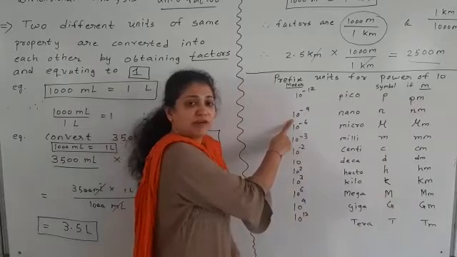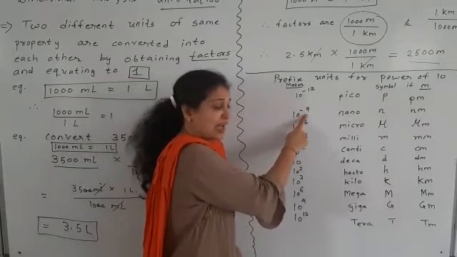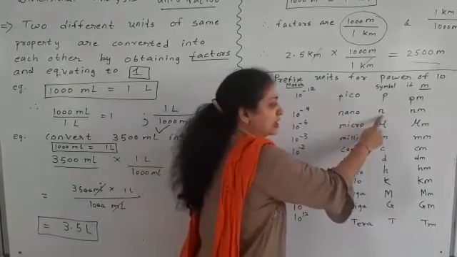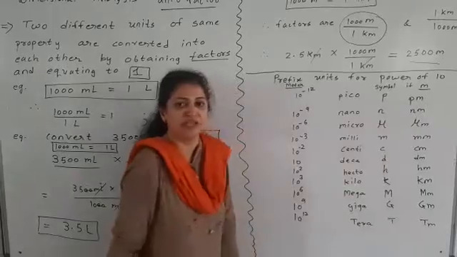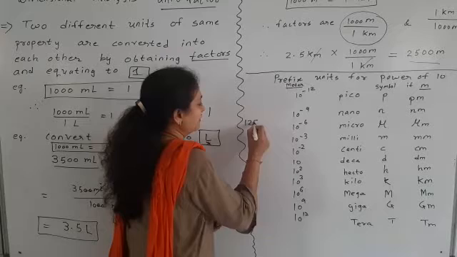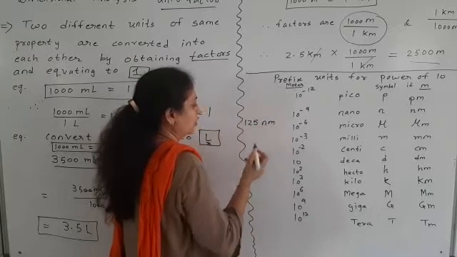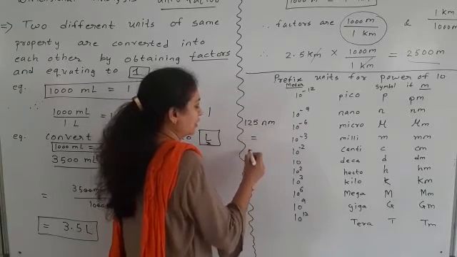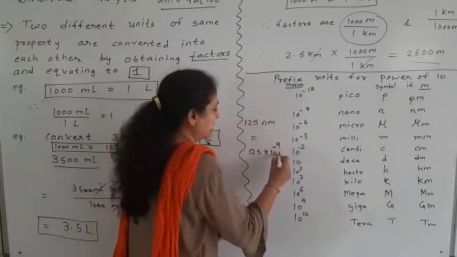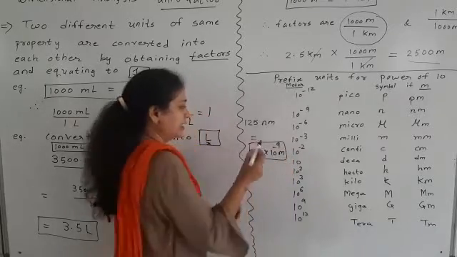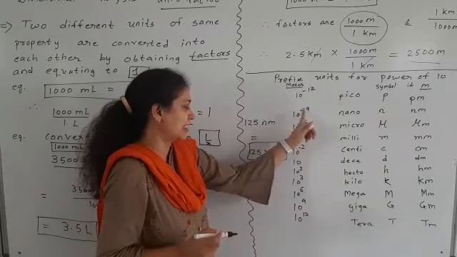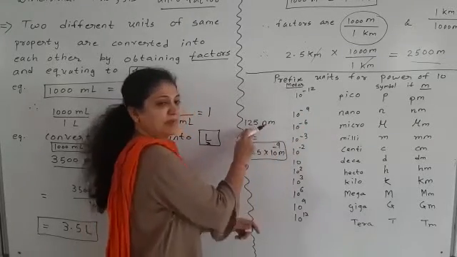If it is a power of 10 minus 9, it is called nano, symbol N, written as nanometer. For example, 125 nanometer is equal to 125 into 10 raised to power minus 9 meters. This is the relationship between them.